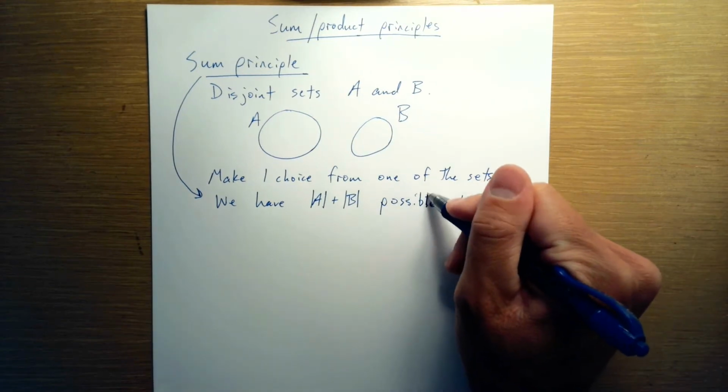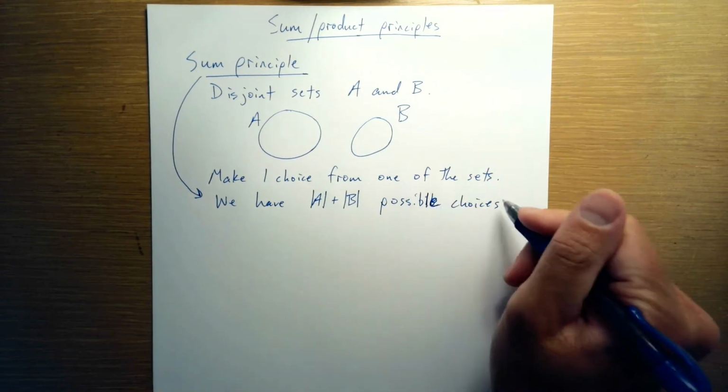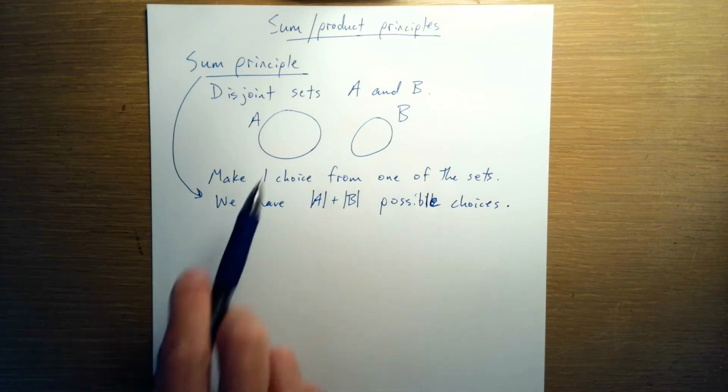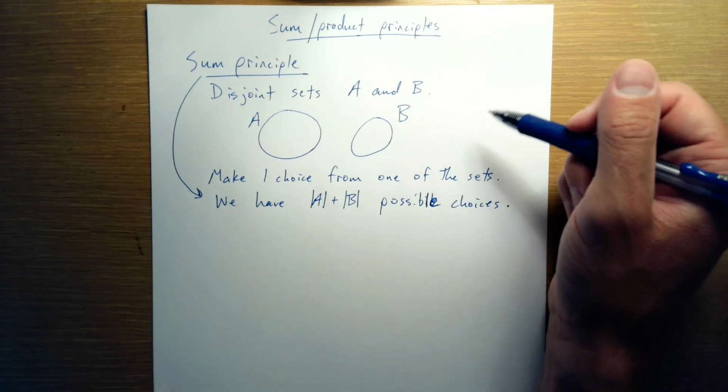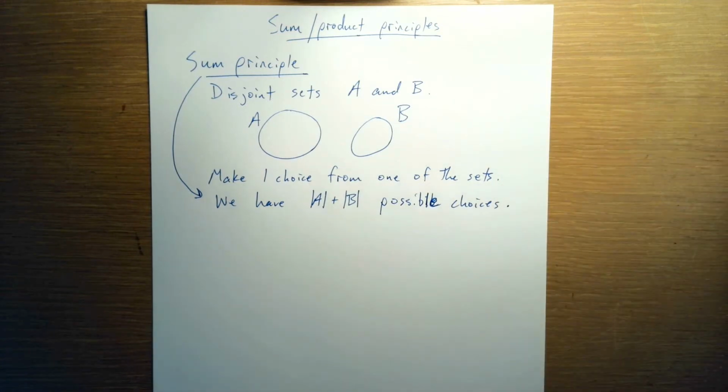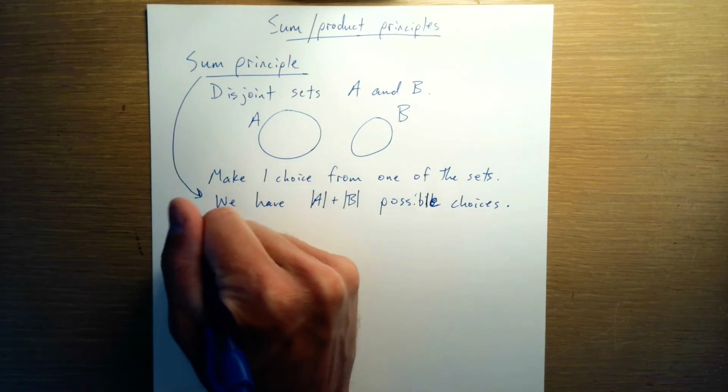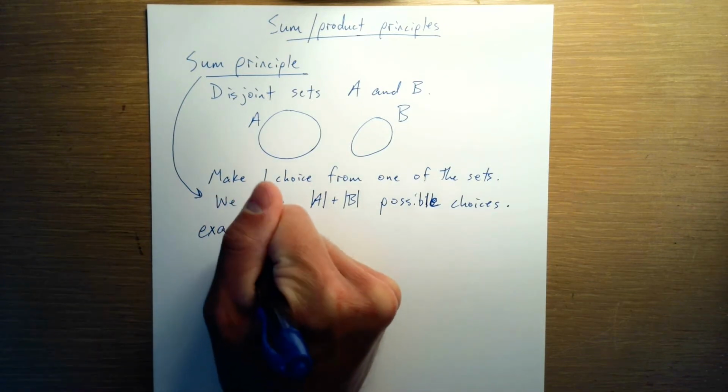Kind of a typo. This is possible. So we have the number of elements in A plus the number of elements in B possible choices, possible outcomes. And that's pretty straightforward. It might seem obvious, but that's our basic principle. So let's look at a quick example.